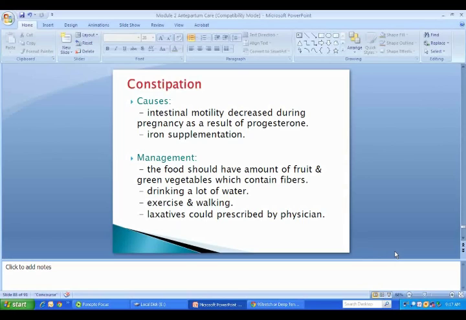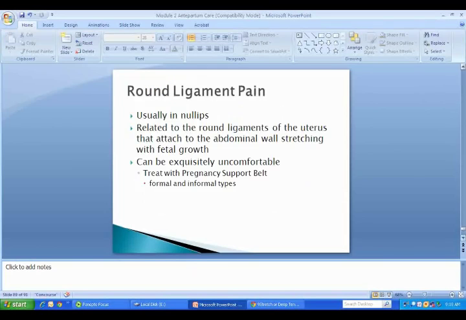Constipation, motility is decreased because of the progesterone, and then iron can be constipating, so make sure they have enough fluids and fiber. Exercise, walking, promotes peristalsis. They should not be taking laxatives unless they're prescribed by the physician, and usually that will be Colace.